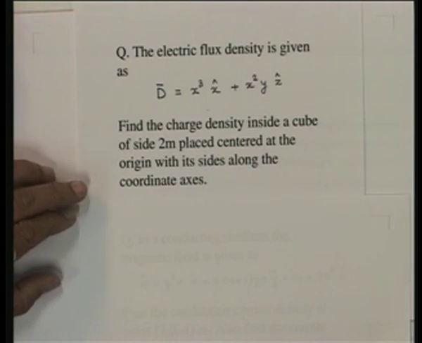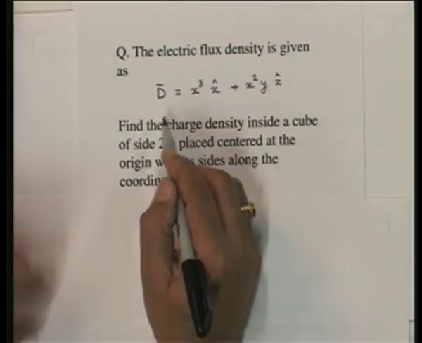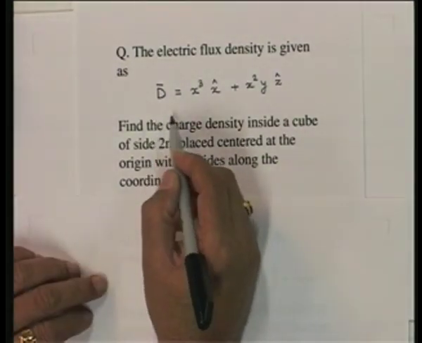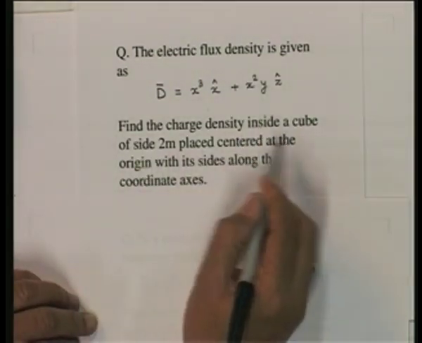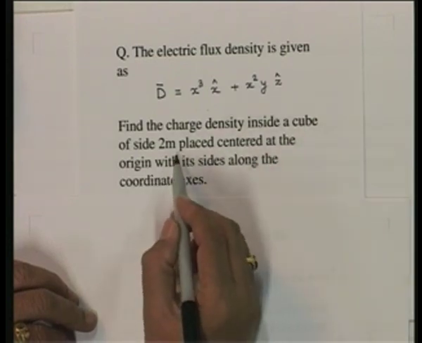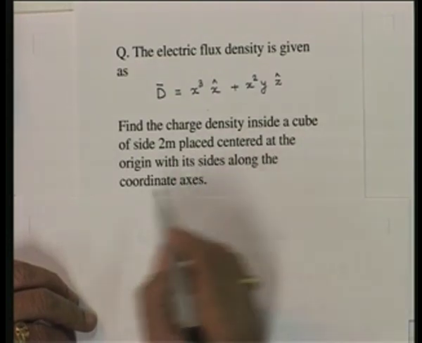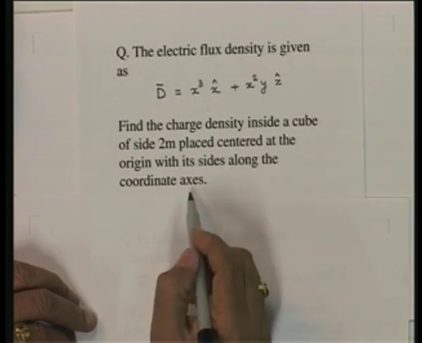So, now the electric field or the electric displacement density is given in the vectorial form, and we have to find the charge density inside a cube of side 2 meters placed centered at the origin with its sides along the coordinate axis.